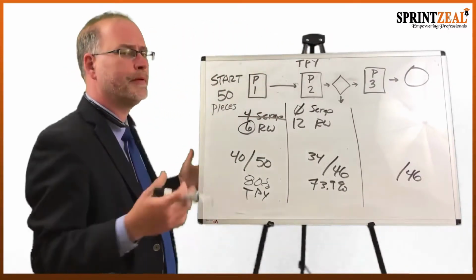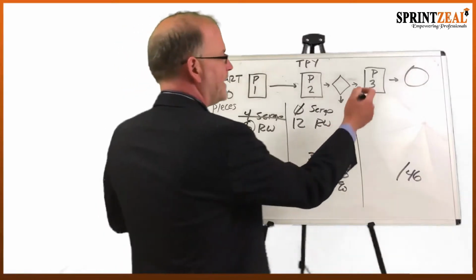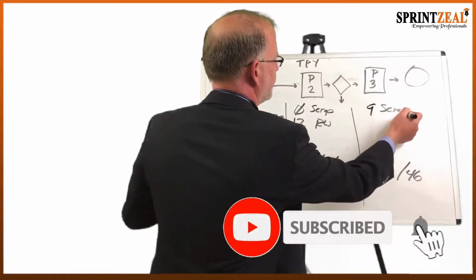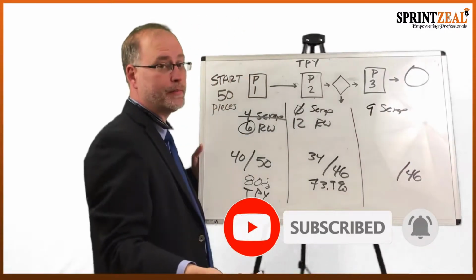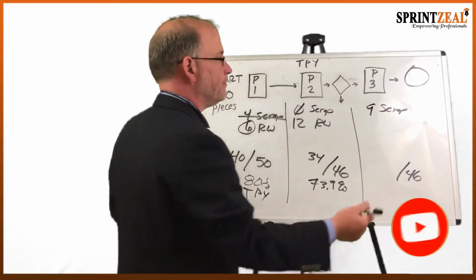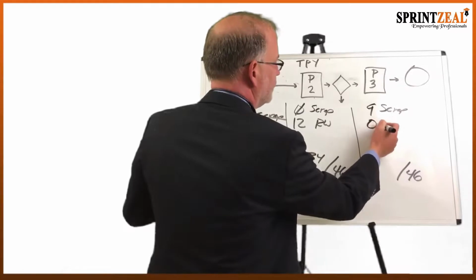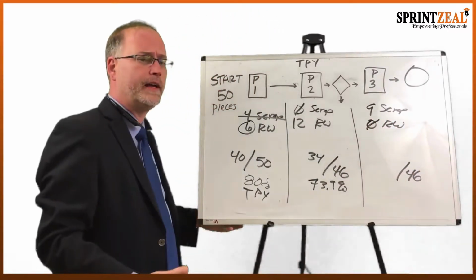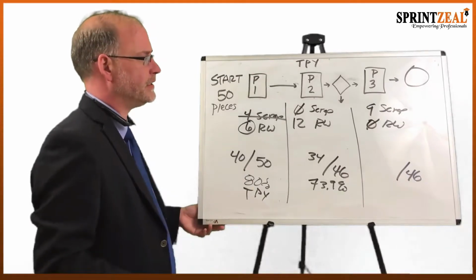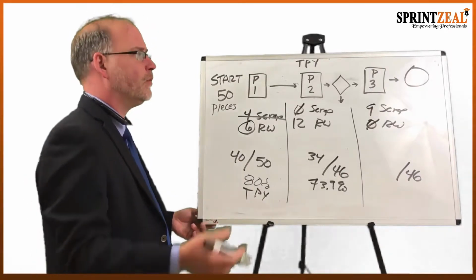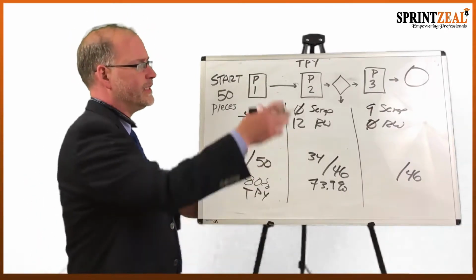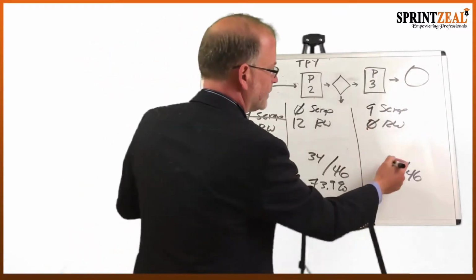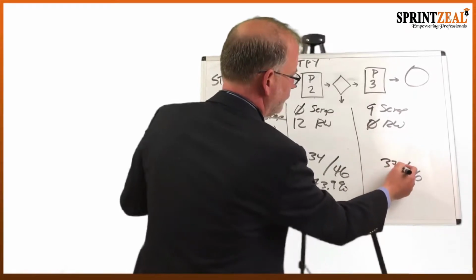But let's say in process step 3 that 9 of those pieces had to be considered scrap. So they didn't even make it through the process. They're considered defective. And then we have 0 in rework. So let's calculate our throughput yield for process step number 3. We take our 46, we subtract our 9, because that's all we have, and that's going to give us 37.